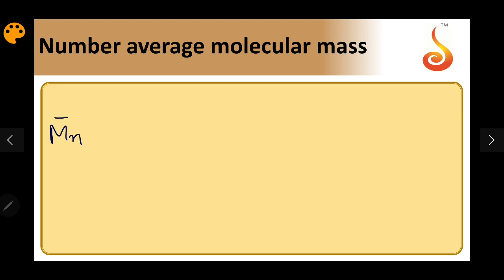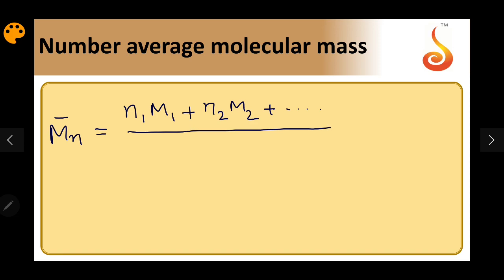If I have in a particular polymer sample n1 molecules of molecular mass m1, n2 molecules of molecular mass m2, and so on, so total number of molecules will be n1 plus n2 plus etc. So n1 molecules having mass m1, n2 molecules with mass m2, and so on, divided by total number of molecules of the polymer in the sample will give you average molecular mass of the polymer.